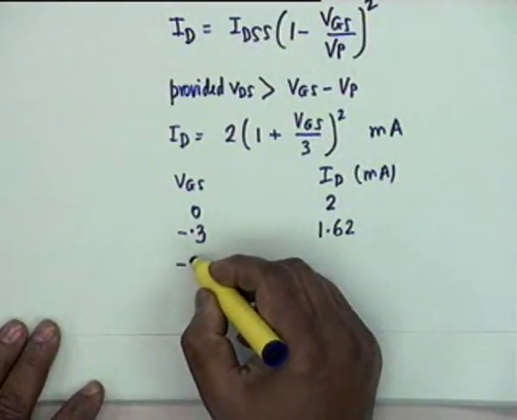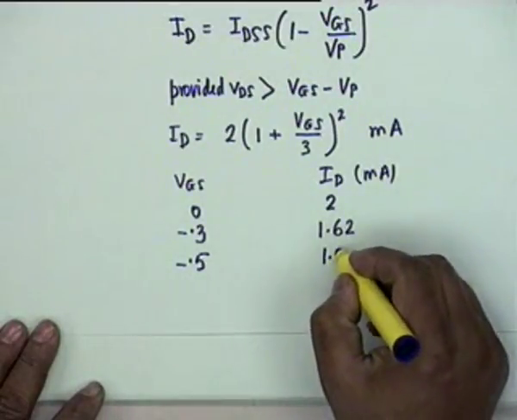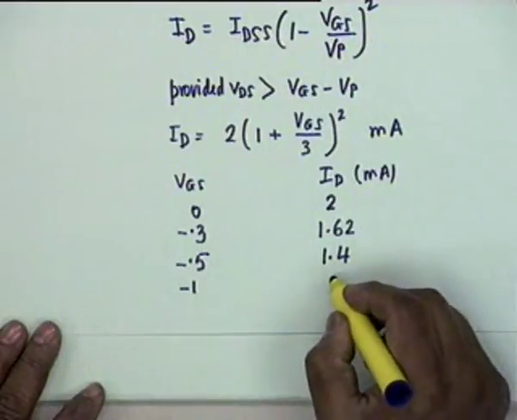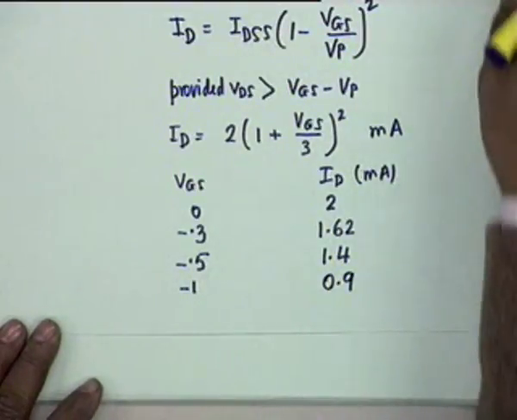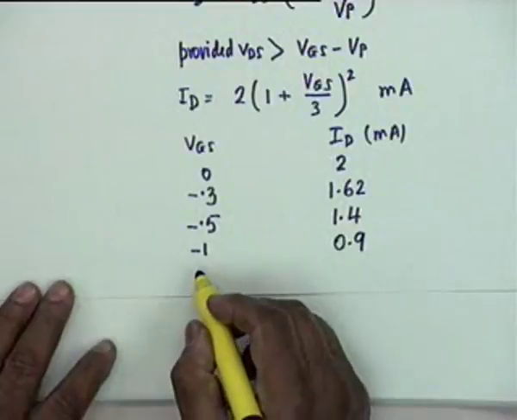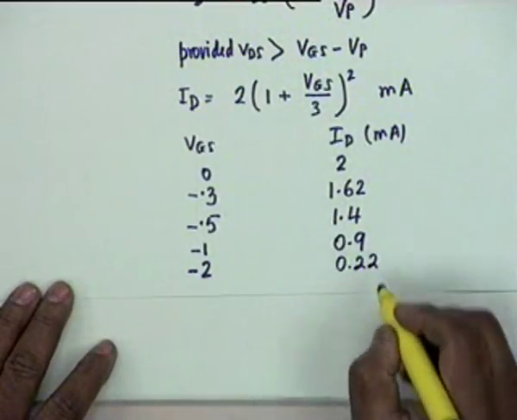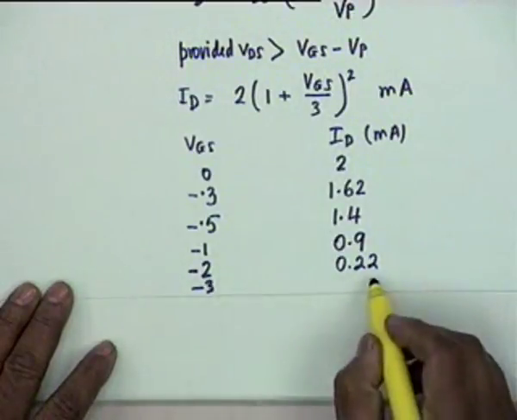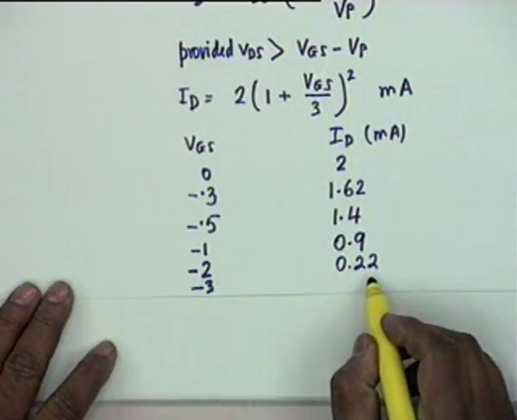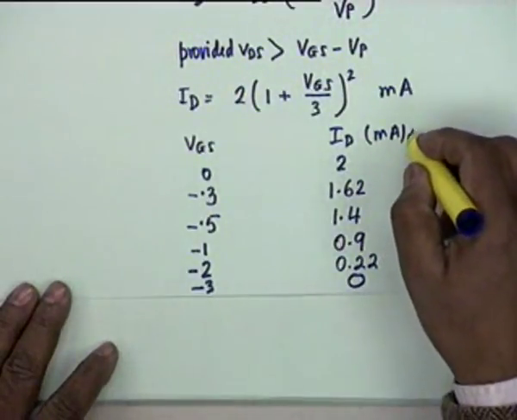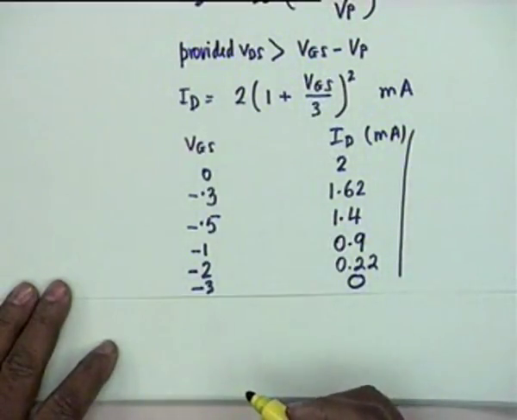If VGS is minus 0.5, it calculates to approximately 1.4, minus 1, 0.9, and minus 2 is 0.22, minus 3, how much? 0. These are good enough for drawing the characteristics.